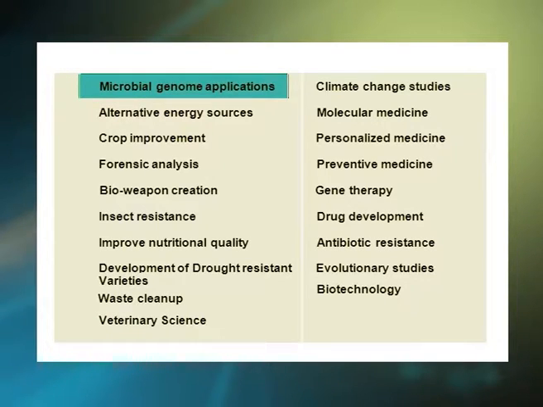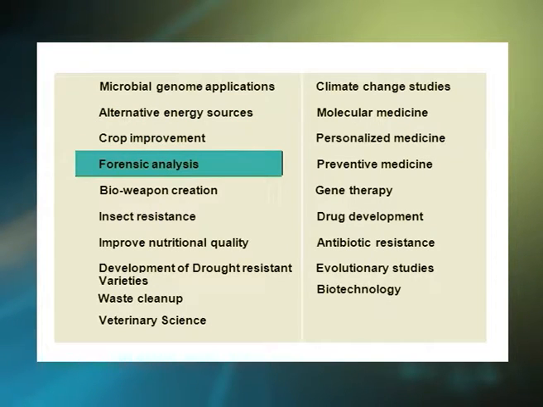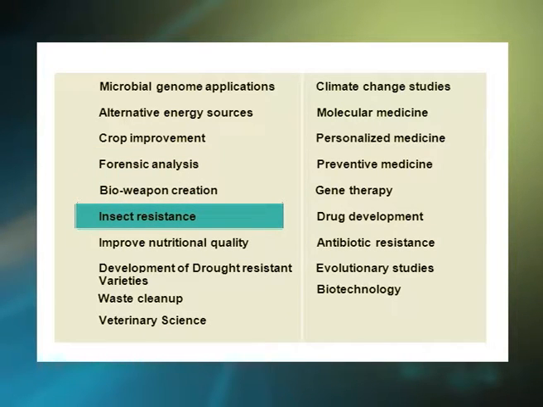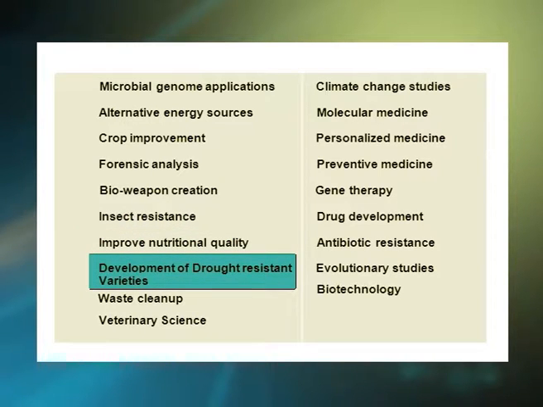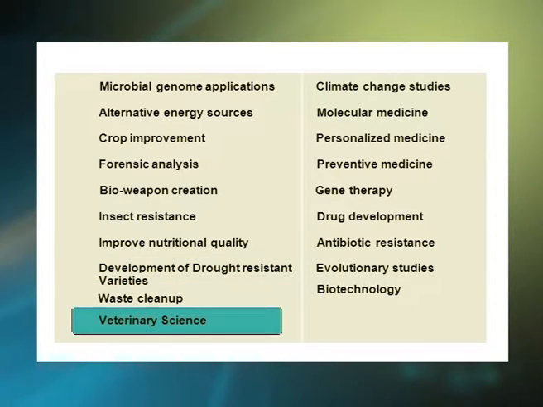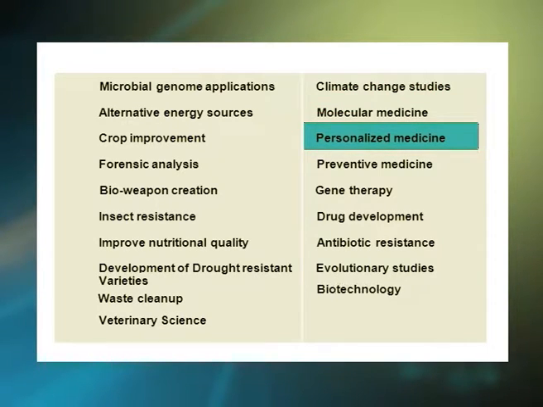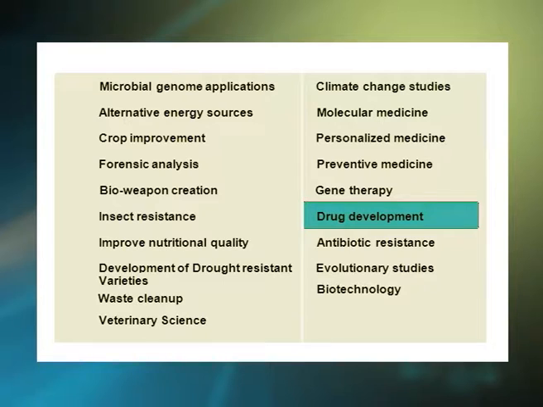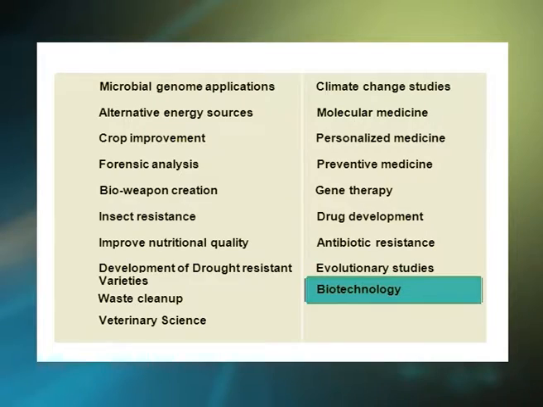Microbial genome applications, alternative energy sources, crop improvement, forensic analysis, bioweapon creation, insect resistance, improved nutritional quality, development of drought resistant varieties, waste cleanup, veterinary science, climate change studies, molecular medicine, personalized medicine, preventive medicine, gene therapy, drug development, antibiotic resistance, evolutionary studies, and finally biotechnology.